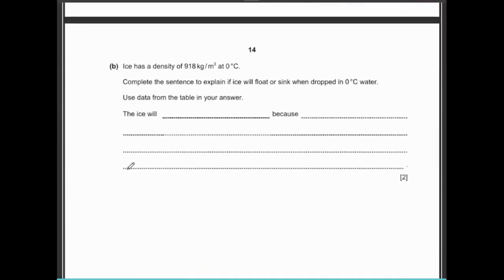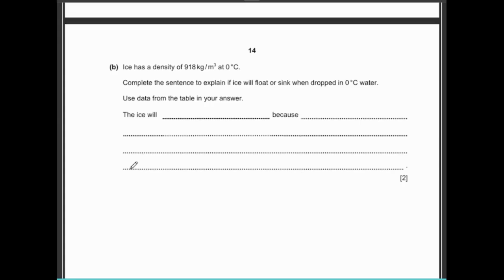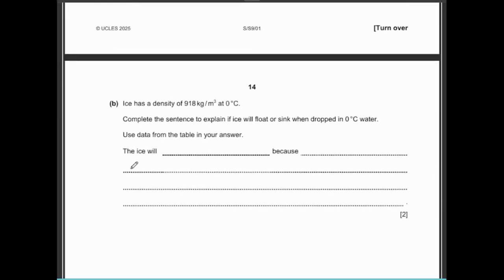The next question is: ice has a density of 918 kg per meter cube at 0 degrees Celsius. Complete the sentence to explain if ice will float or sink when dropped in 0 degree Celsius water. Use the data from the table. Now remember the great Titanic, it sank because of the iceberg.